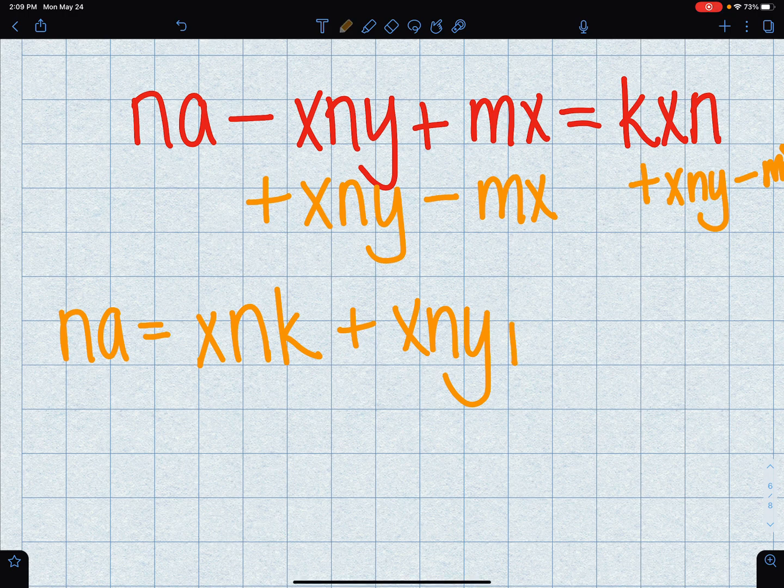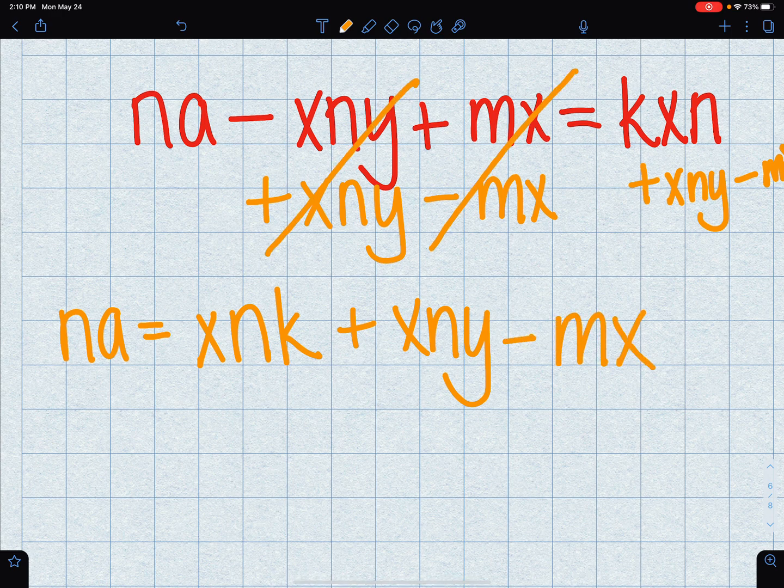Oh, minus, that should be minus mx. Okay, because this cancels here, this cancels here. And then you just basically add all of this stuff together on the other side. Easy peasy.